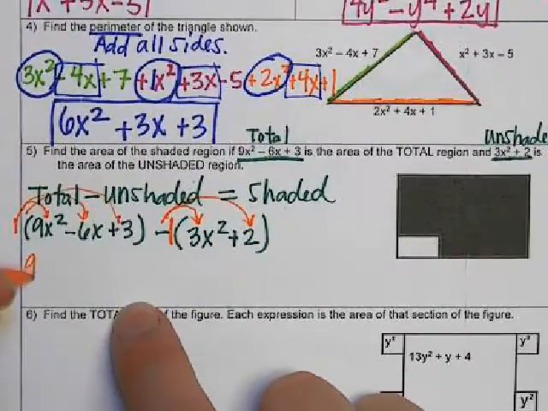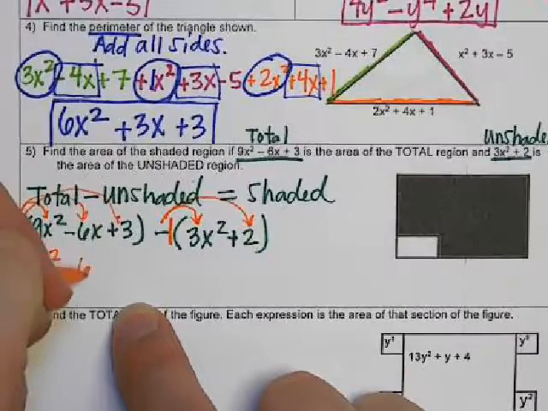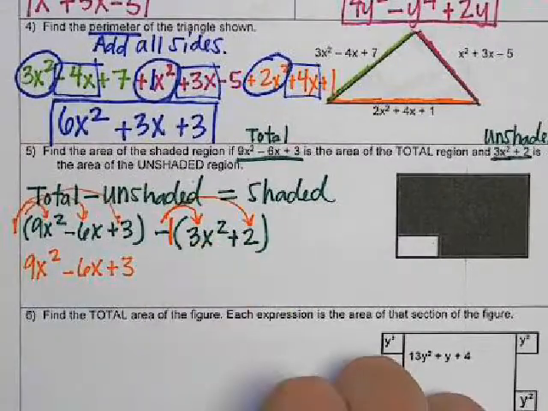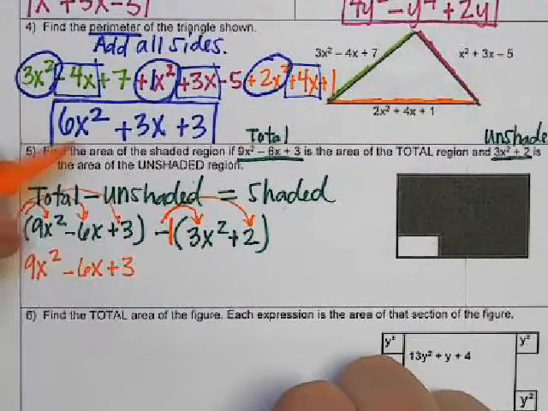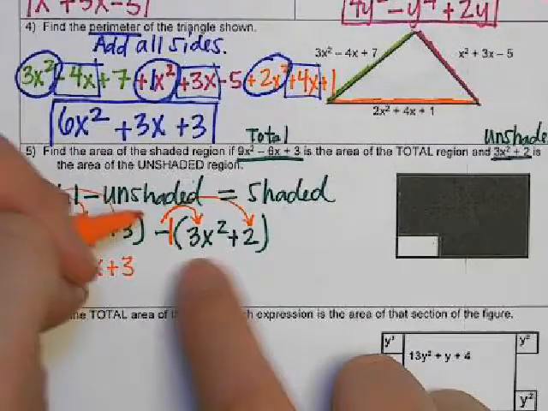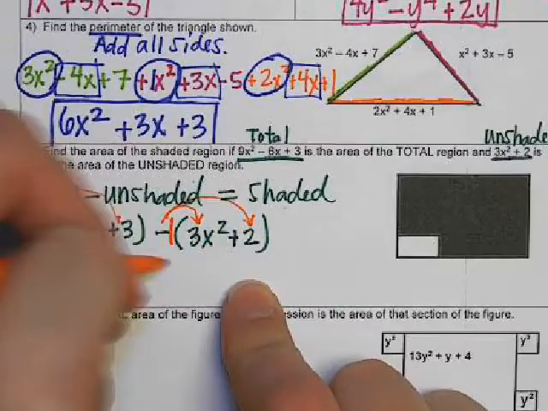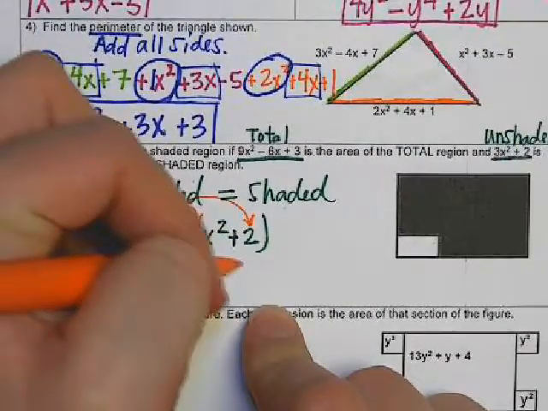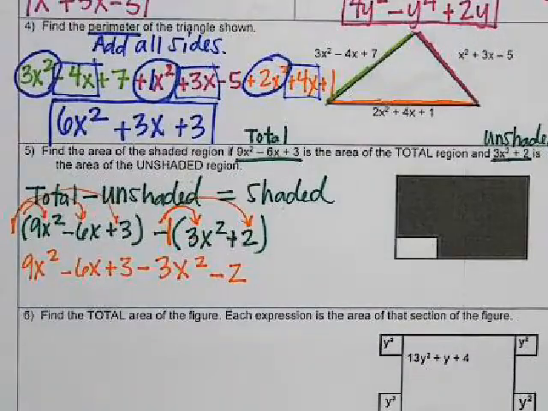So 9x squared minus 6x plus 3. Now what changes in the second set of parentheses? The signs change. So this -1 times 3x squared is -3x squared. -1 times 2 is -2. Am I finished? No. Now what?